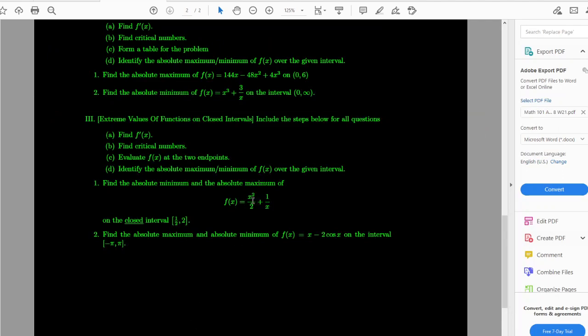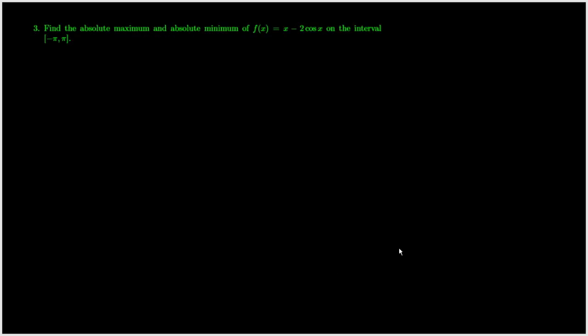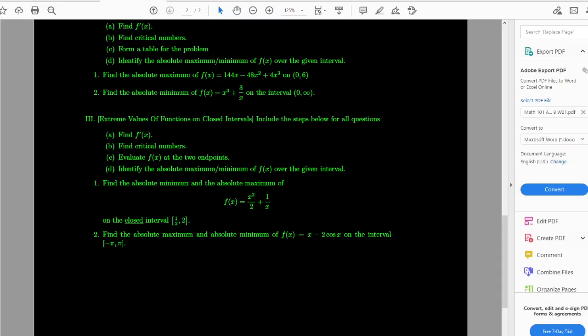The function is essentially 1/2 times x squared. I mean, in question 1, use a new slide. In question 1, the function is essentially 1/2 times x squared, and then plus 1 over x.